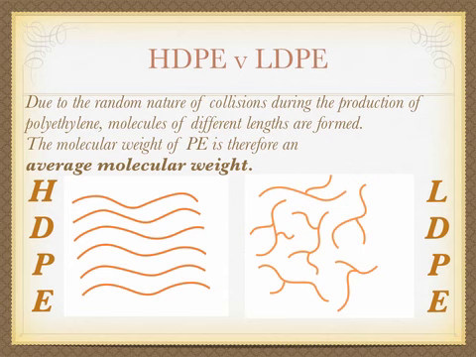Another important thing that we need to acknowledge is the fact that you deal with average molecular weights for these particular polymers. What that means is that during the reaction process, you have ethene molecules reacting with neighbouring ethene molecules.